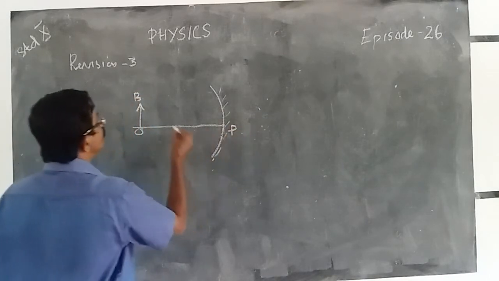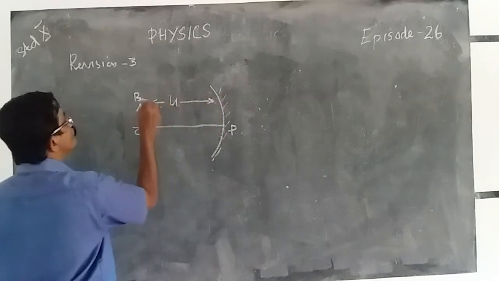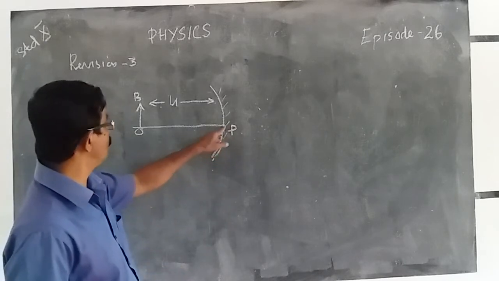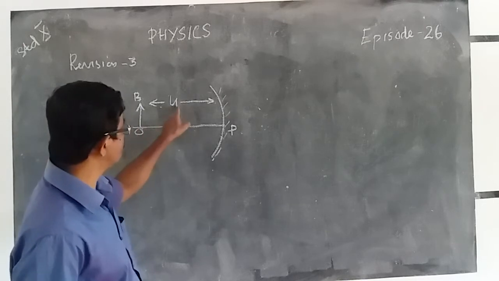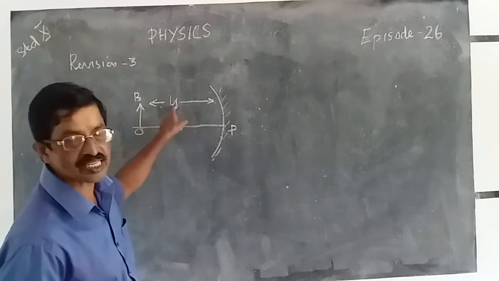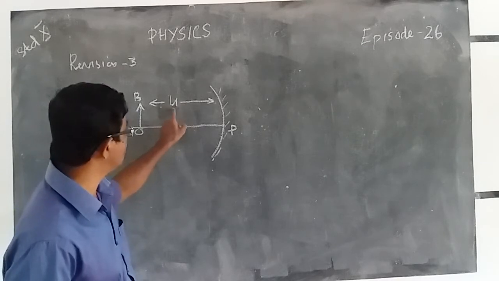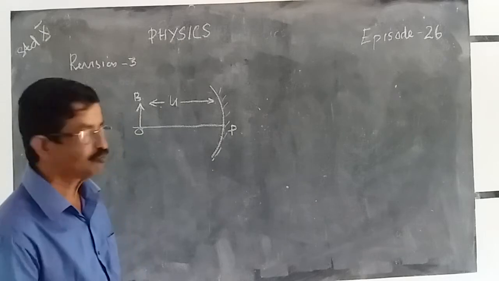The distance from the pole to the object is considered the object distance, and it is taken by the symbol u.